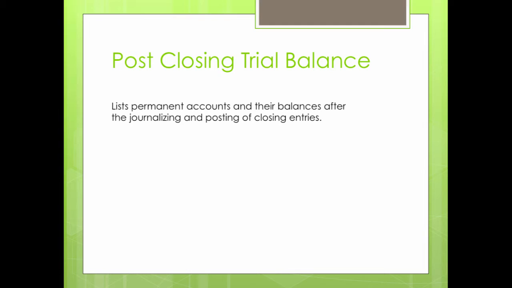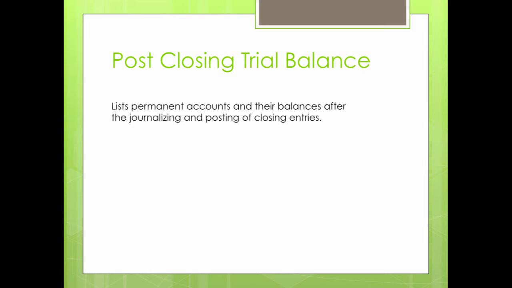Once you do that, you're going to come up with a post-closing trial balance. You already know how to do a trial balance and an adjusted trial balance. For the trial balance, you came up with the totals based on the ledger accounts. And then you made adjustments and you came up with the adjusted trial balance.